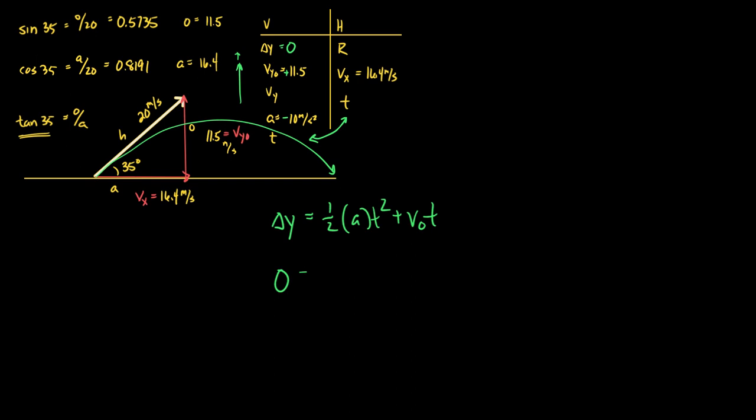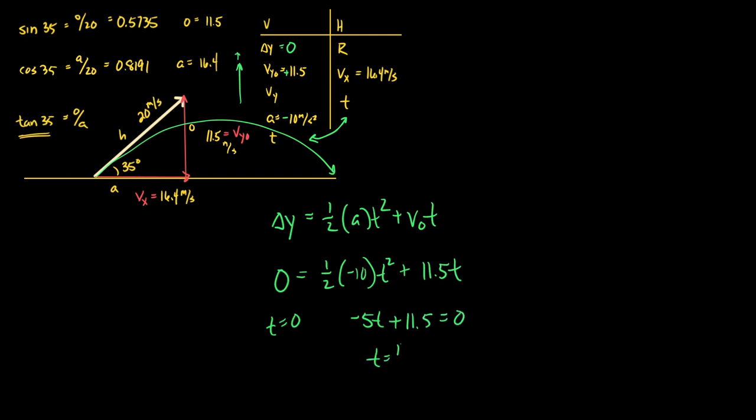So 0 equals 1/2 times negative 10 t squared plus 11.5 times t. It's still a motion problem. I can factor out a t and set it equal to 0. And that's going to leave me with negative 5t plus 11.5 equals 0.